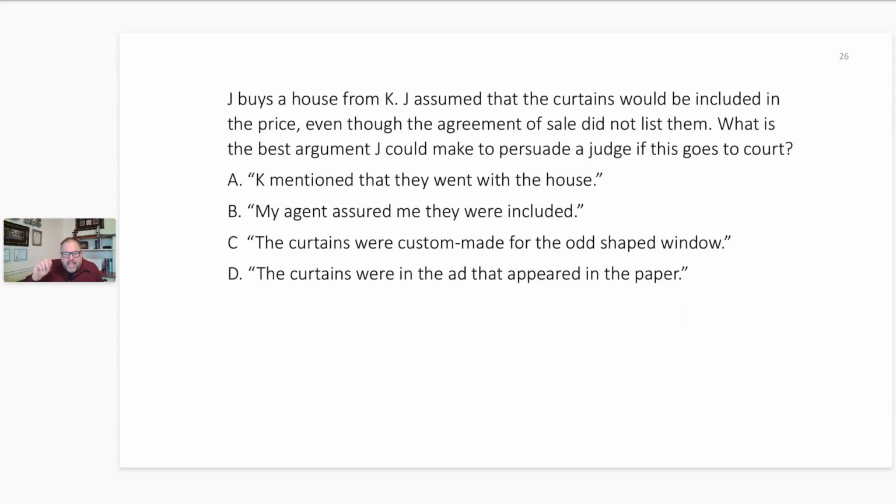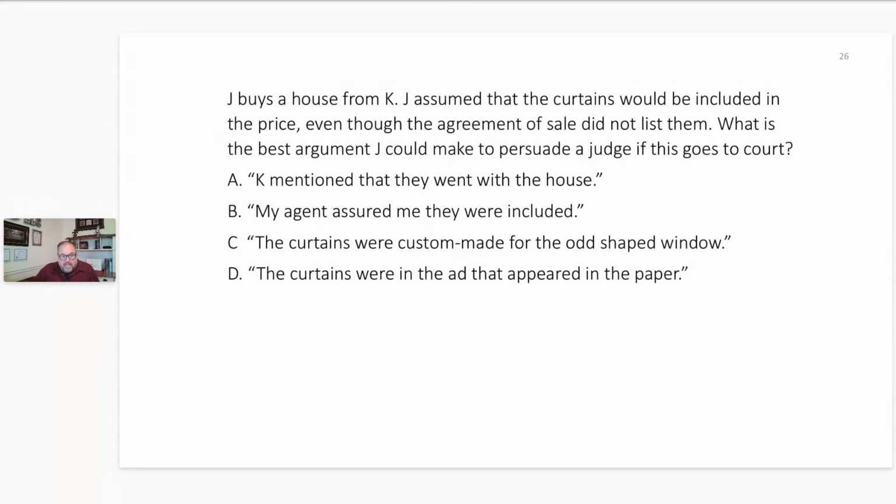But if J assumed the curtains would be included in the price, it's because J thought the curtains were custom made for that odd shaped window. In other words, if they took the curtains with them, where else would they fit? They were made to fit that window.